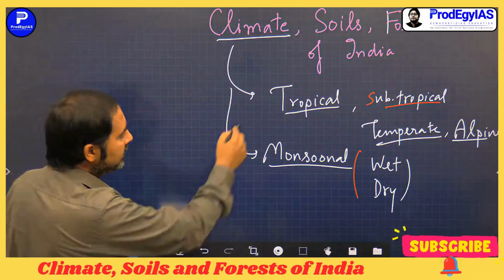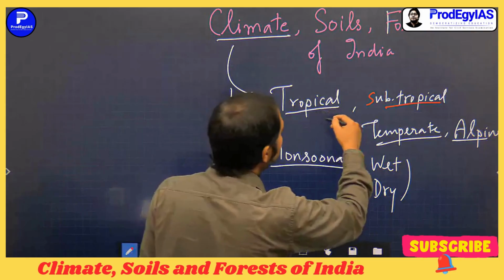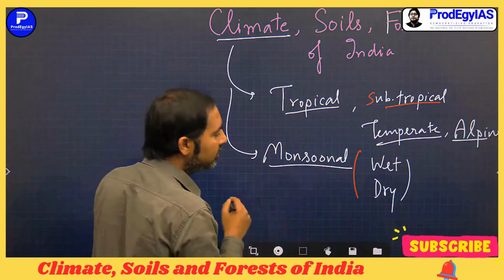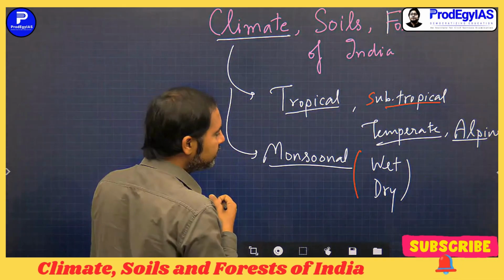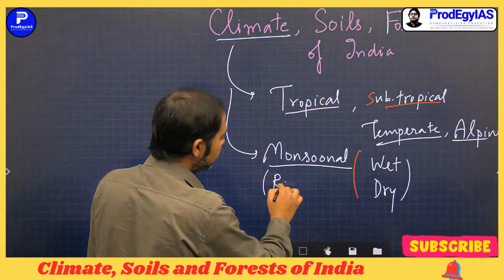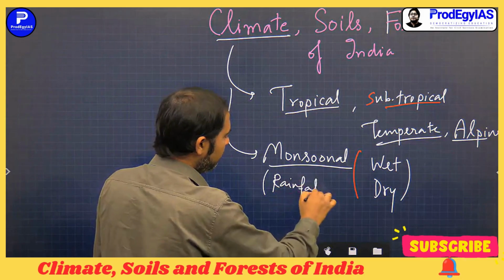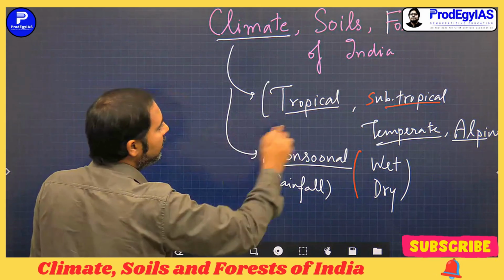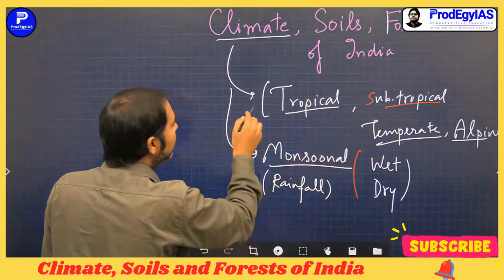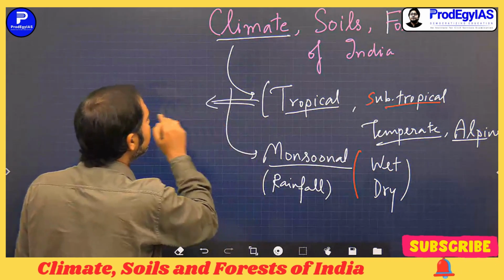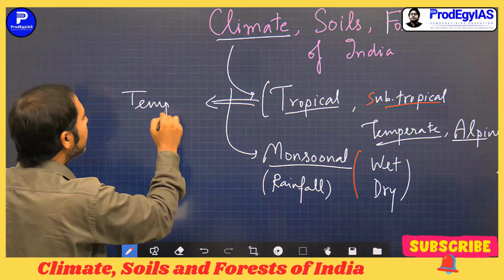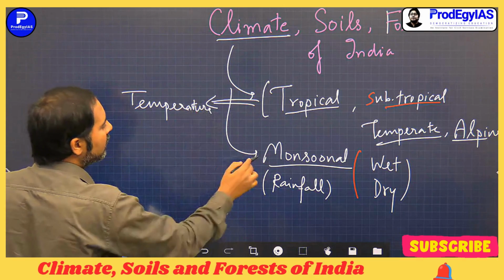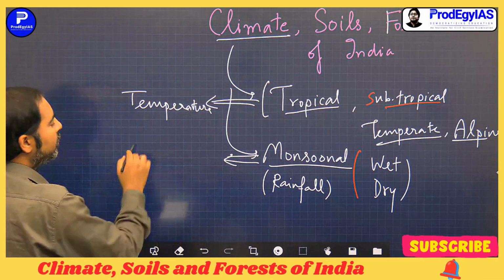And because of these factors, like tropical, subtropical, temperate and alpine types of climate, and its monsoonal feature, rainfall is largely monsoonal type. This tropical, subtropical, temperate, alpine denotes temperature. This denotes precipitation.